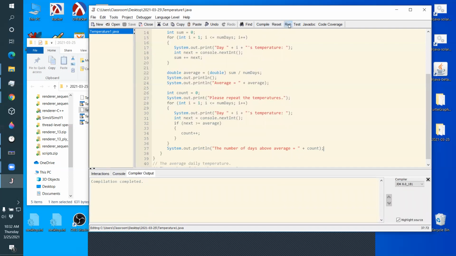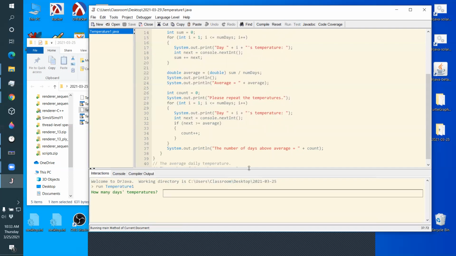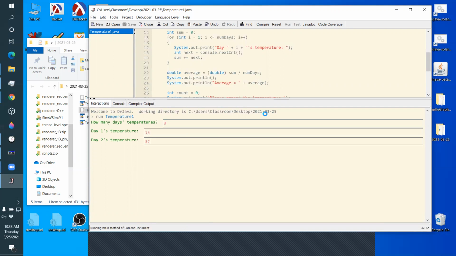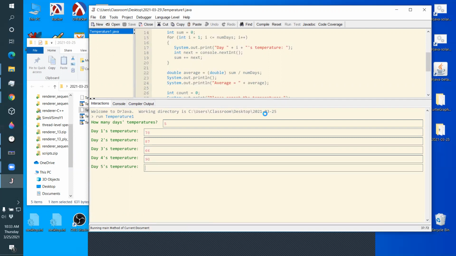Okay, run it. So 5 days of temperatures. Day 1 temperature, I'll make up numbers again: 78, 87, 66, 90, 40. Now I have to repeat the numbers. Oh, I forgot a carriage return.